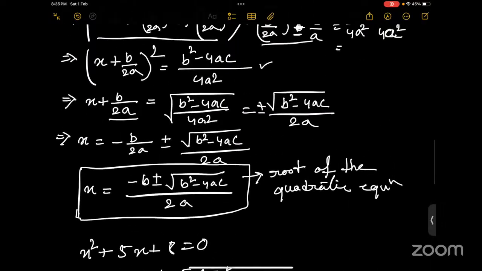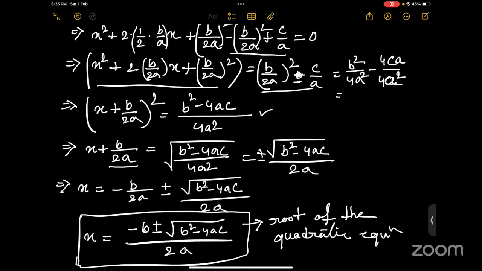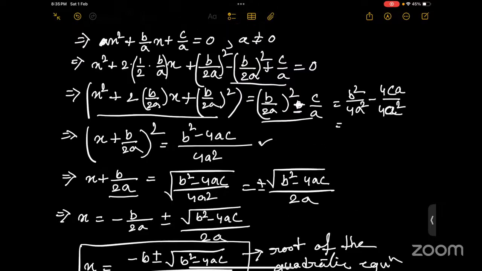So we can put that in this equation here, and we can get x directly from here, right? So this is a perfect square with the root minus b by 2a. Okay, I understood.